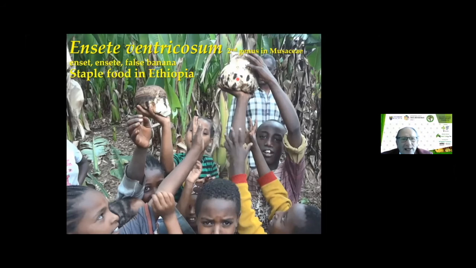But both Ensete ventricosum and Ensete glaucum that I'll be talking about have very interesting extra genes, which we think are certainly going to be valuable for addressing some of the challenges in banana.